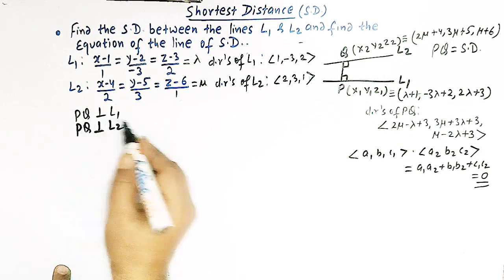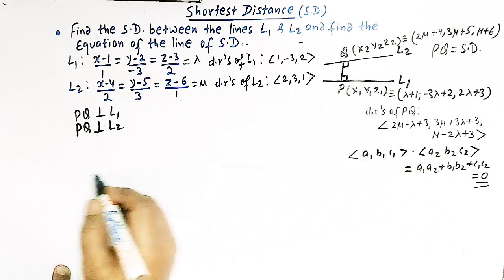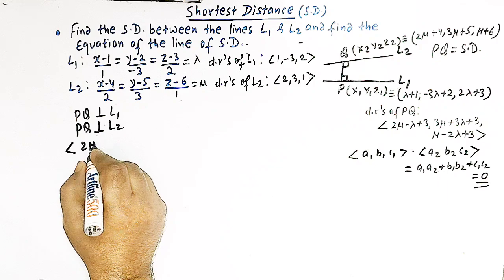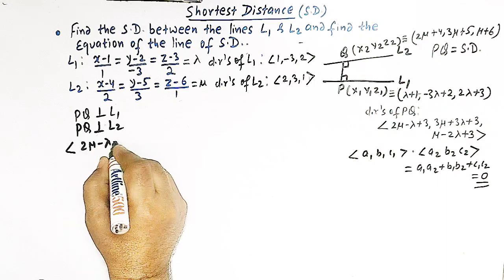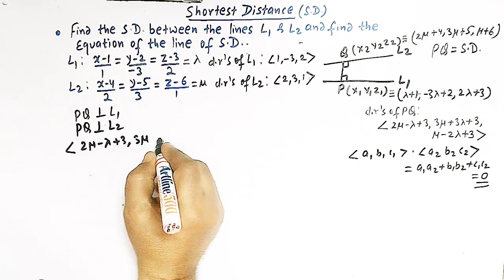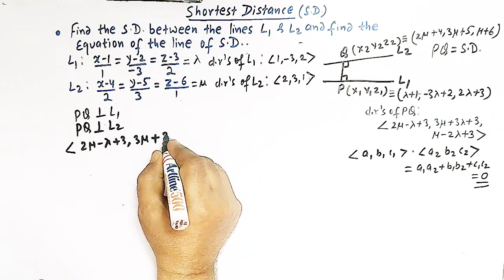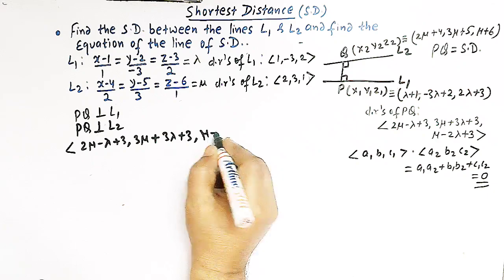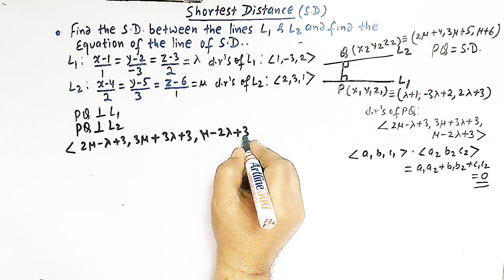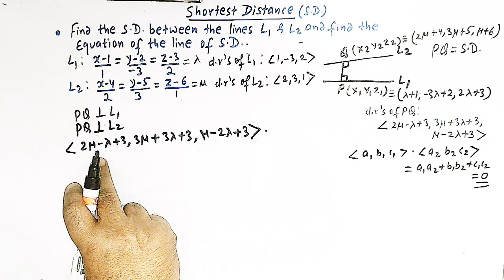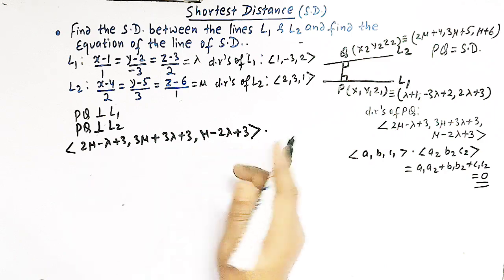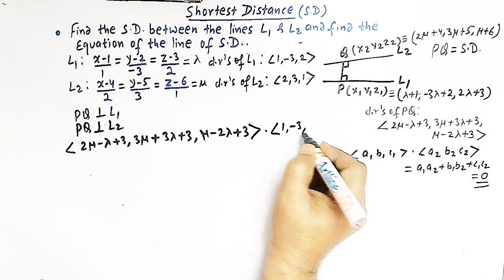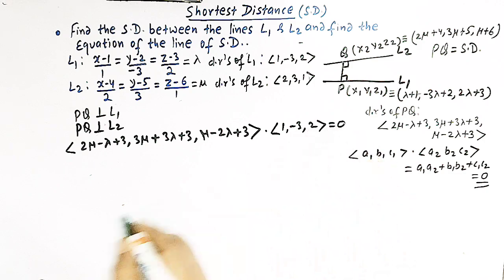So when PQ is perpendicular to L1, the direction ratios of PQ are 2 mu minus lambda plus 3, and then we have 3 mu plus 3 lambda plus 3, and then we have mu minus 2 lambda plus 3, and the dot product of these direction ratios with this one, that is 1, minus 3, and 2, is equal to 0.